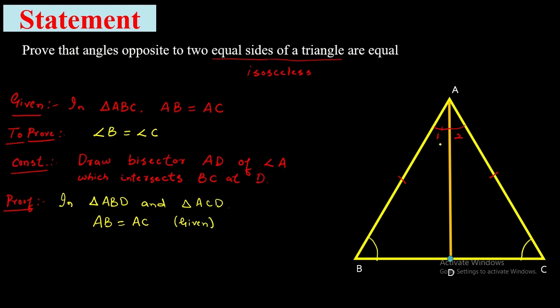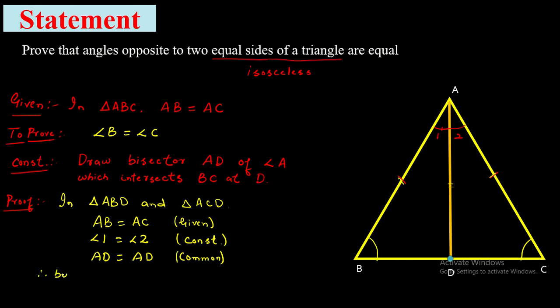Then through construction we drew a bisector of angle A, so we got here that angle 1 is equal to angle 2, and here this side AD is common in both. So AD is equal to AD. Now we can see that two sides of triangle ABD are equal to two sides of triangle ACD: AB is equal to AC, AD is equal to AD, and the included angles are also equal, that is, angle 1 is equal to angle 2.